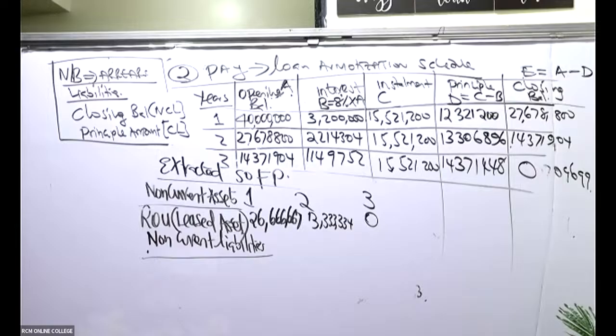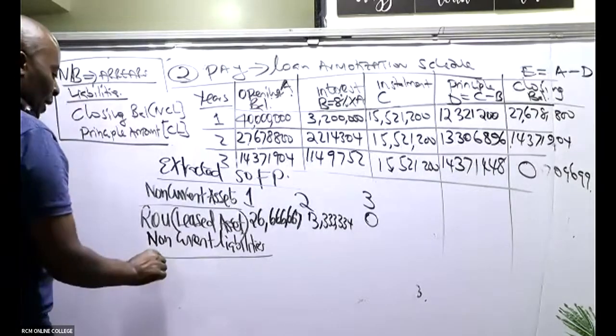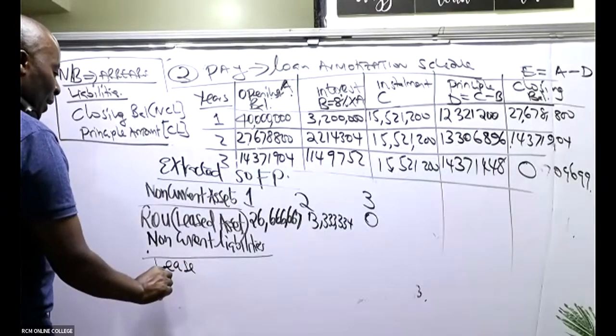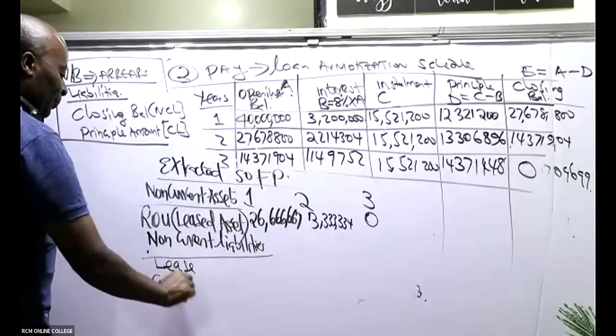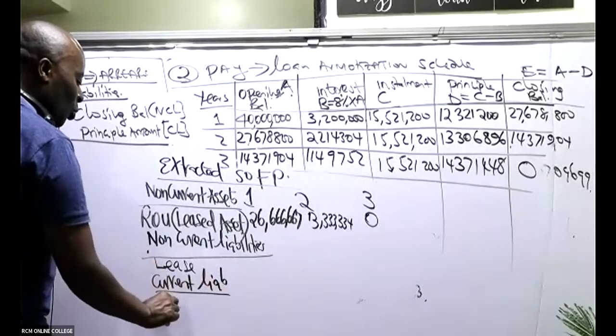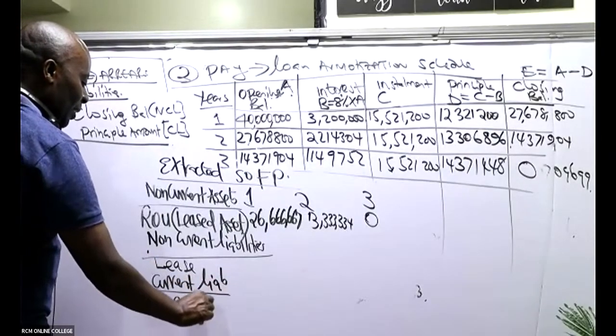Yeah. So now that you have written it that way, under non-current liabilities, we have here lease. You will simply write lease. And also under current liabilities, you shall also write lease.